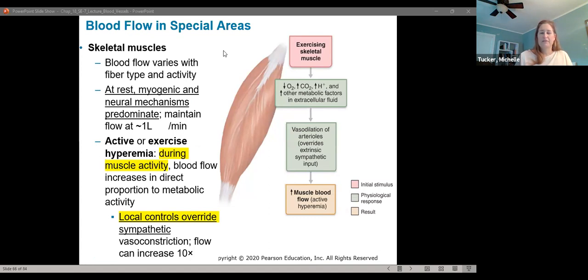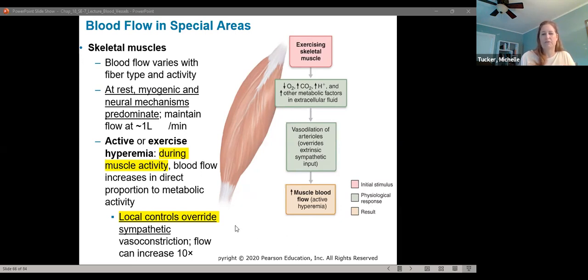So blood flow, we've talked about local, and then we're going to talk briefly about how it changes in special areas. For skeletal muscle at rest, myogenic and neural mechanisms dominate. So the sympathetic nervous system, with exercise, then blood flow is going to need to increase to that area.